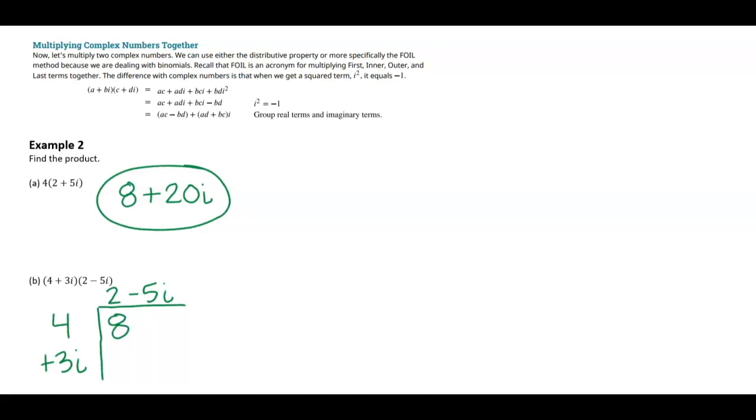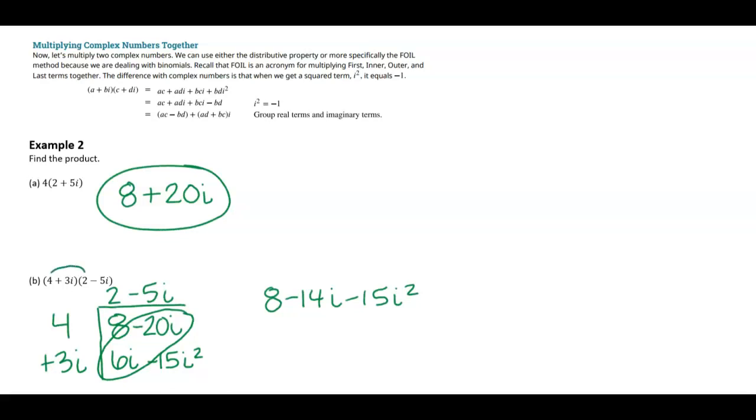So 4 times 2, minus 4 times 5i, 2 times 3i, minus negative 15. i times i gives me i squared. I'm then able to see like terms really easily, and it allows, I think, for me to have fewer mistakes.